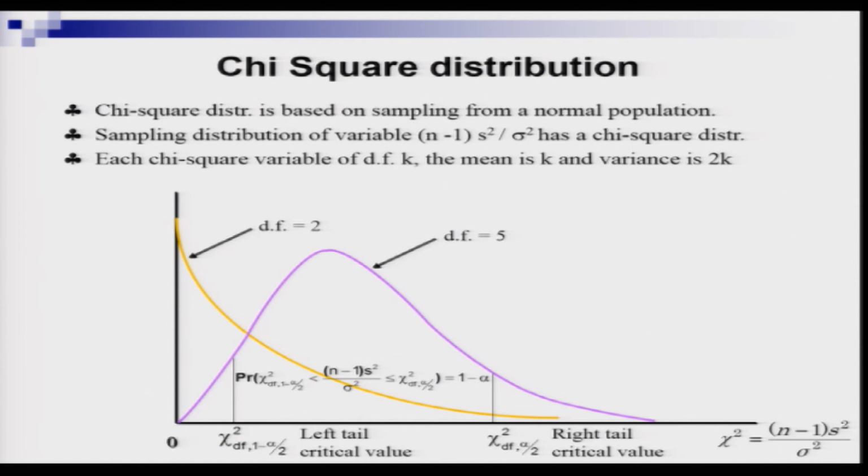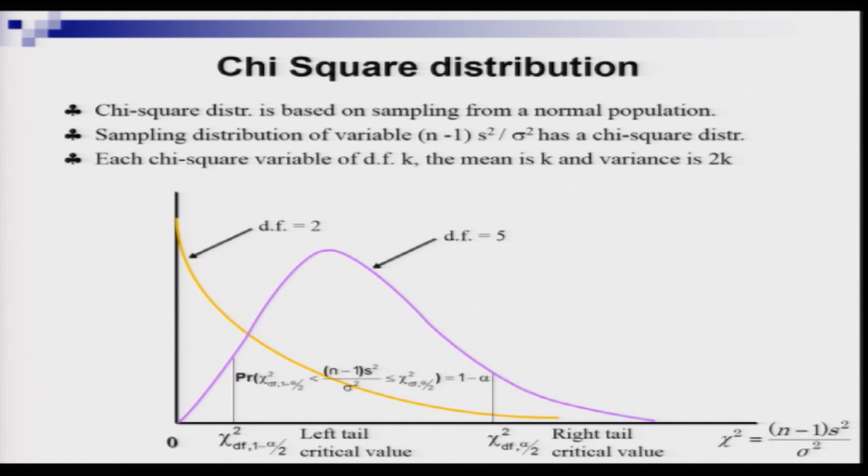So, for the corresponding degrees of freedom, you have to find the percentage point or the critical value of chi-square for the particular degrees of freedom with respect to the probability value of 0.975. That will give you the left tail critical value. For the right tail critical value it is simple. It corresponds to the probability value of 0.025 after dividing alpha by 2, and if you look at the corresponding degrees of freedom, you can figure out the percentage point from the corresponding PDF.